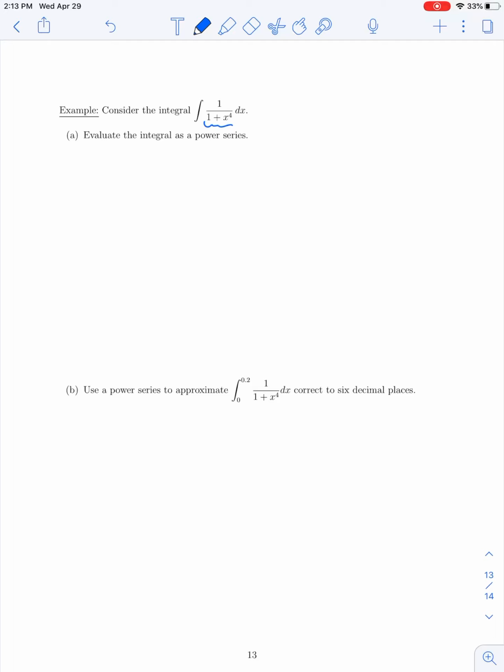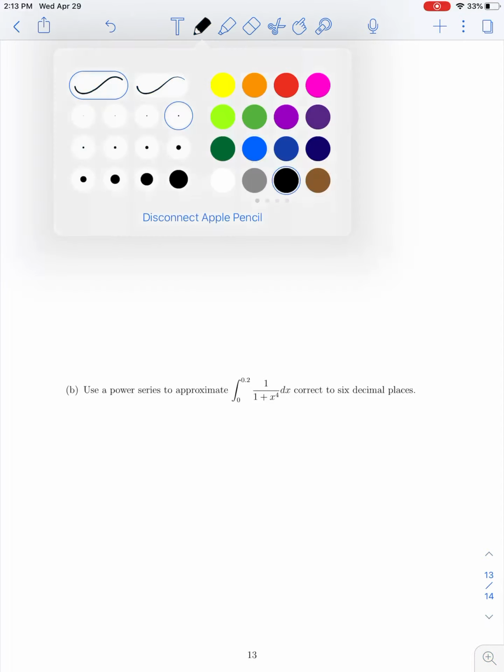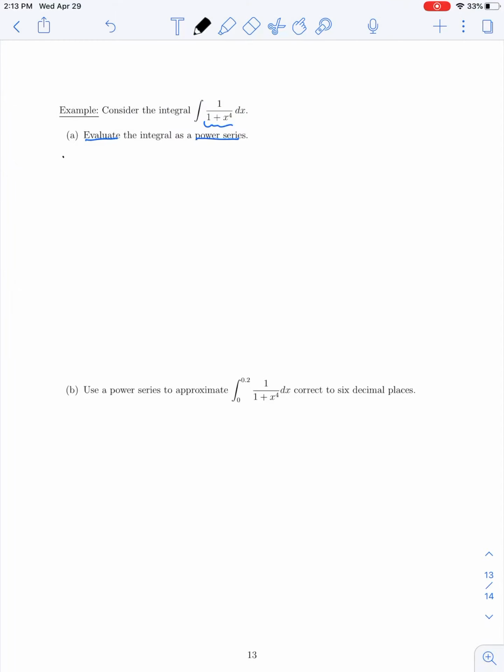Now, none of our techniques of integration can be used to evaluate the antiderivative of this function. We can't use a substitution or partial fractions or a trig substitution. None of those methods work here. So instead, we could evaluate this integral by thinking about it in terms of a power series. So let's see how to do that.